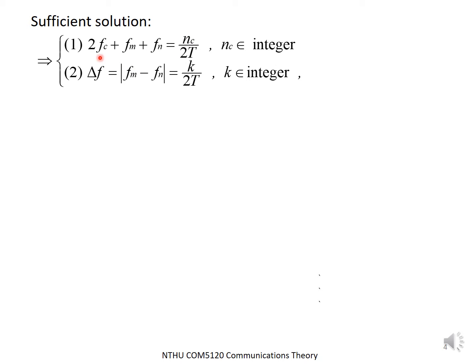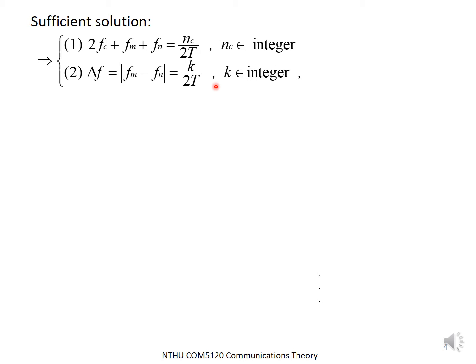The first is for the first term to be a multiple of pi, and the second term would be the difference of carrier frequency fm and fn would be a multiple of 1 over 2T, so that the second term is 0.